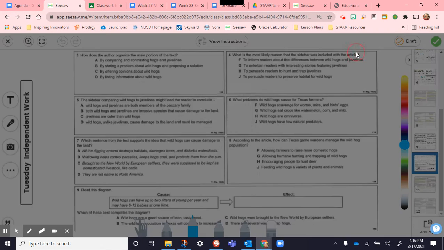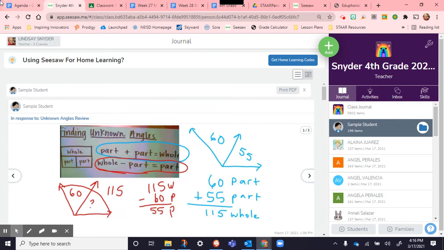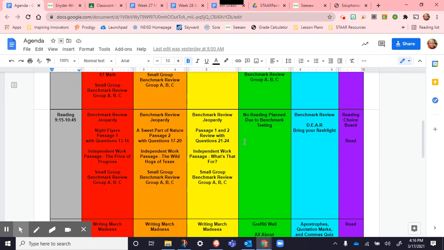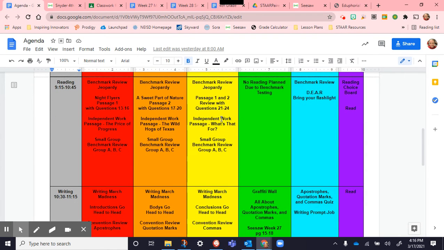All right, so you can draft that. I'm going to put right here for tomorrow, finish the Wild Hogs of Texas passage in Seesaw.